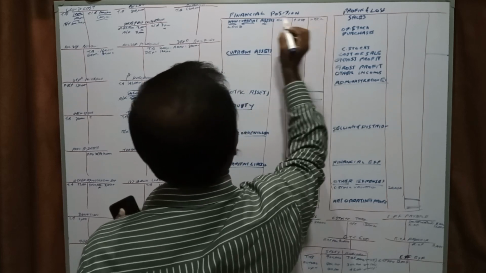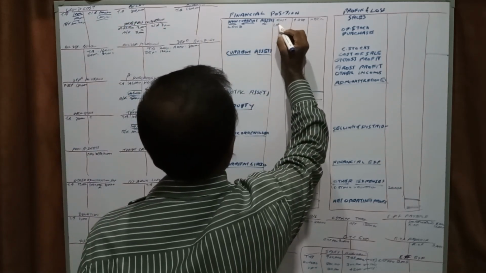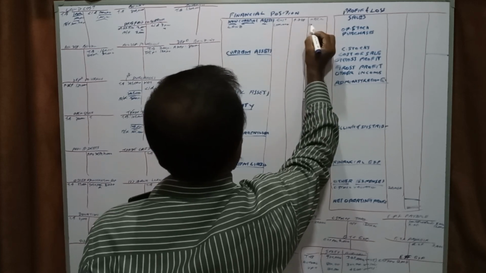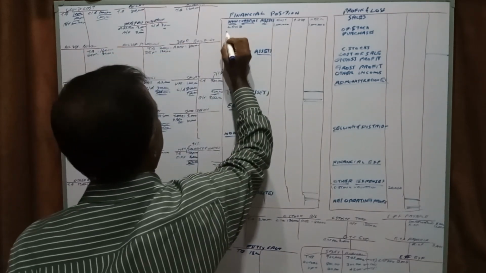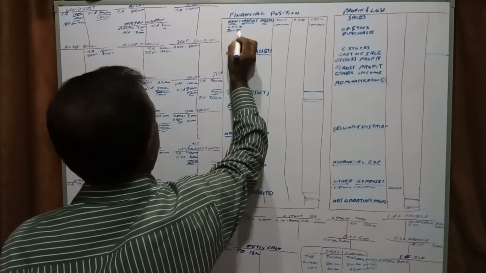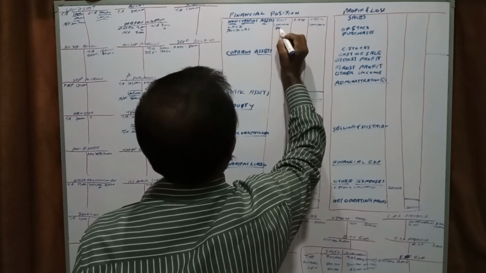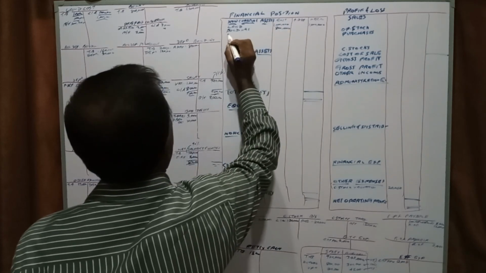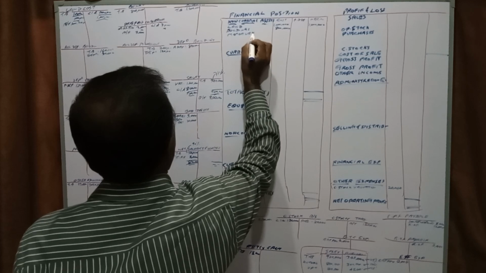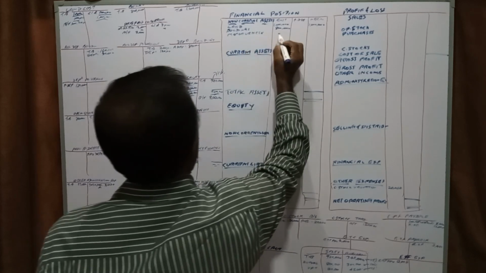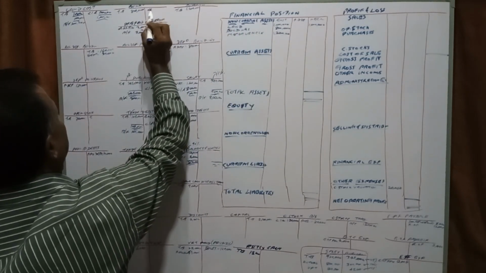Here land is 1,000,000, this is the cost, 1,000,000. Buildings is 800,000. Motor vehicle is 1,200,000. You have to balance it and carry it down.